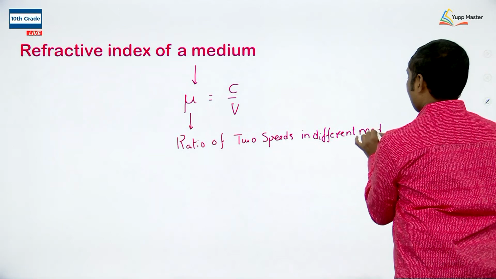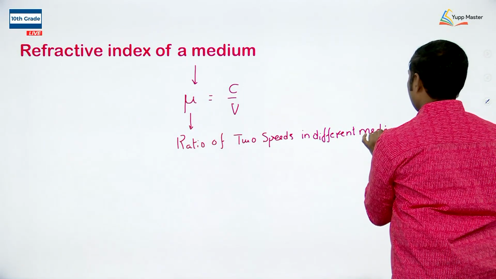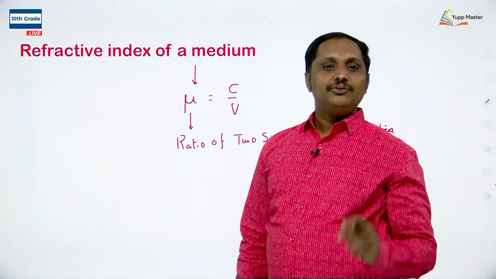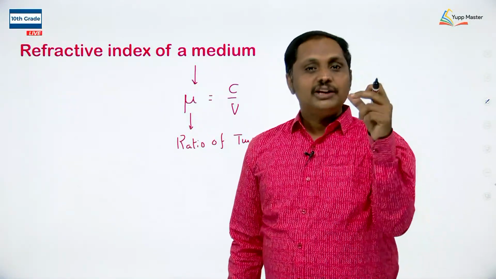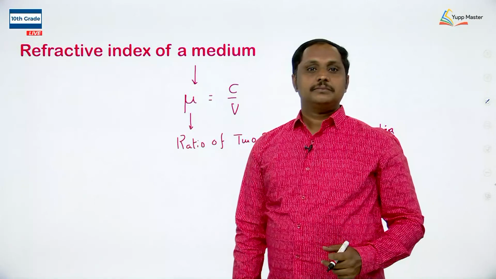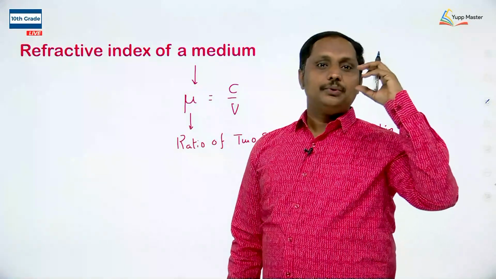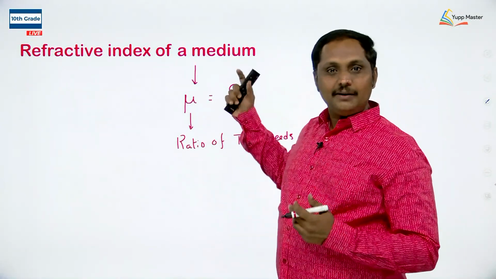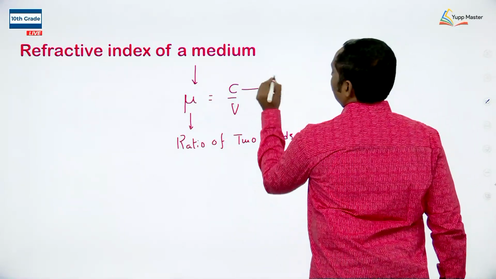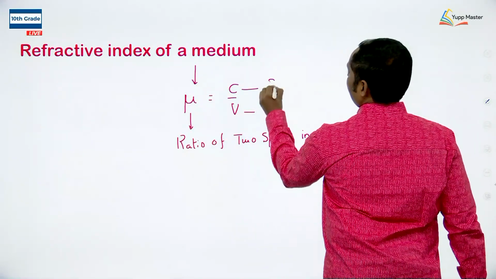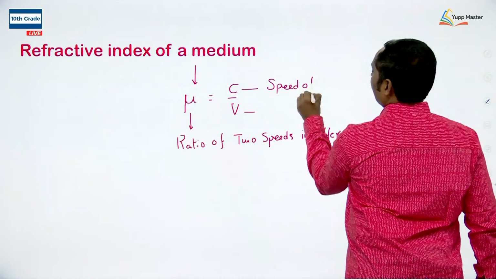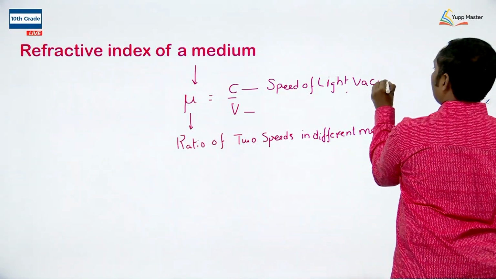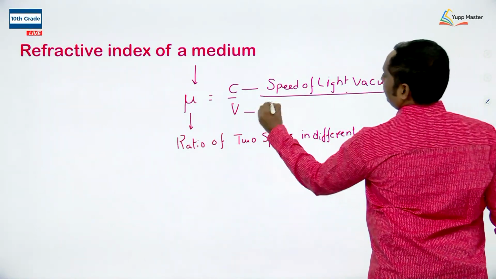The refractive index does not have units; it simply gives the ratio of two speeds: c, the speed of light in vacuum, and v, the speed of light in a medium.